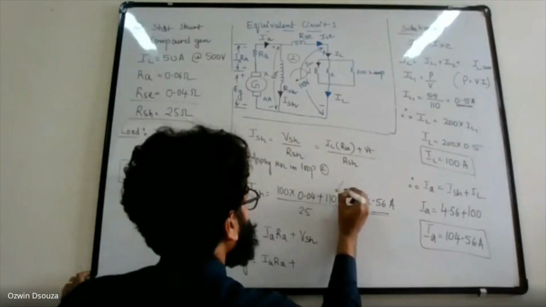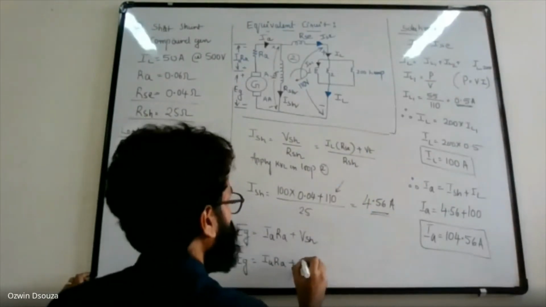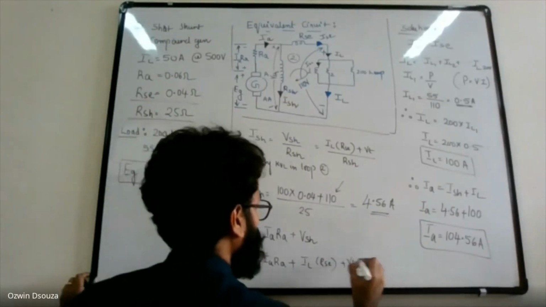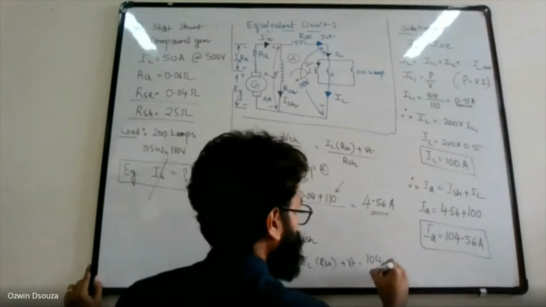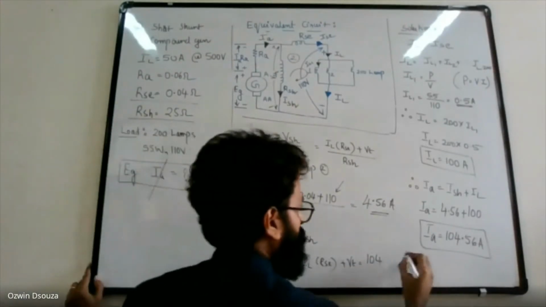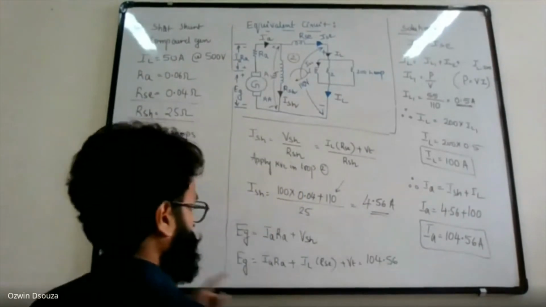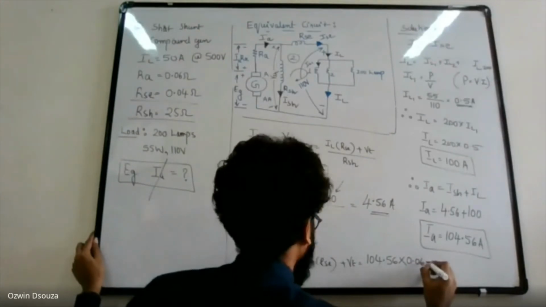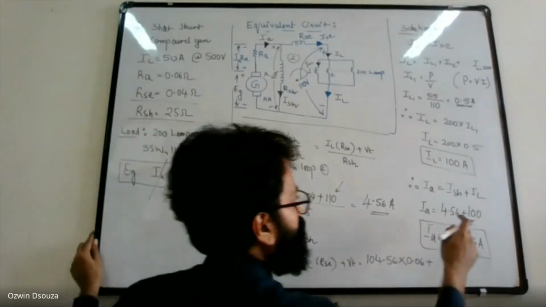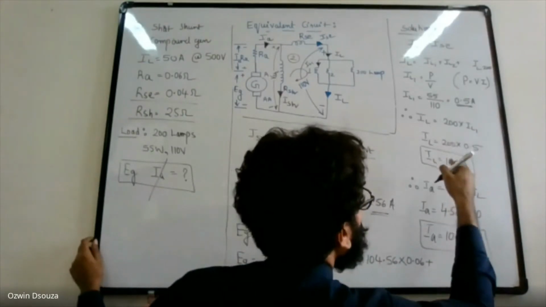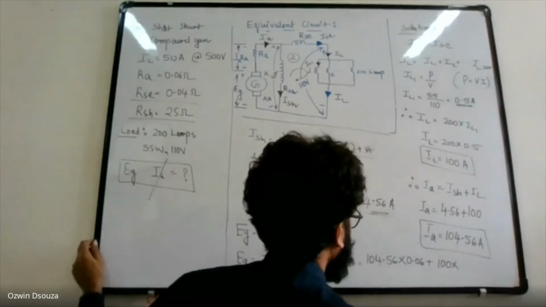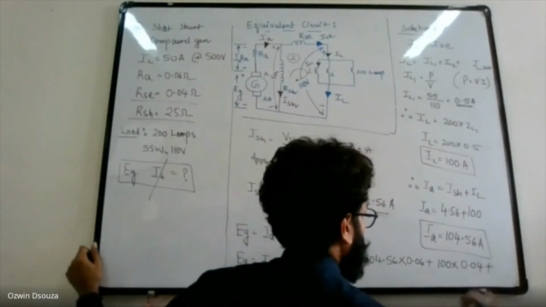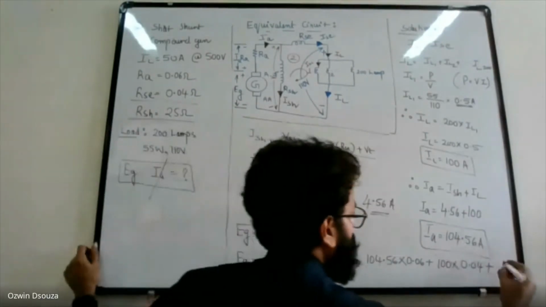We have already written an expression for VSH here: IL into RSC plus VT. And that is equal to, we can substitute the values: 104.56 into RA 0.06, plus IL is 100 into RSC, plus VT, which is 110 volts.